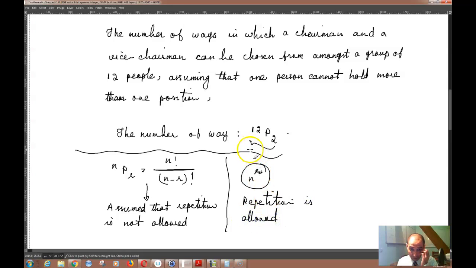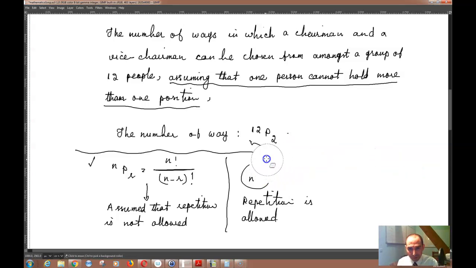And the assumption that we have made here that repetition is not allowed is the exact same thing that has been assumed here, meaning that one person cannot hold more than one position, meaning that if you choose that person for one position, then you cannot again choose it for another position, which means that you should use this formula and not this one.